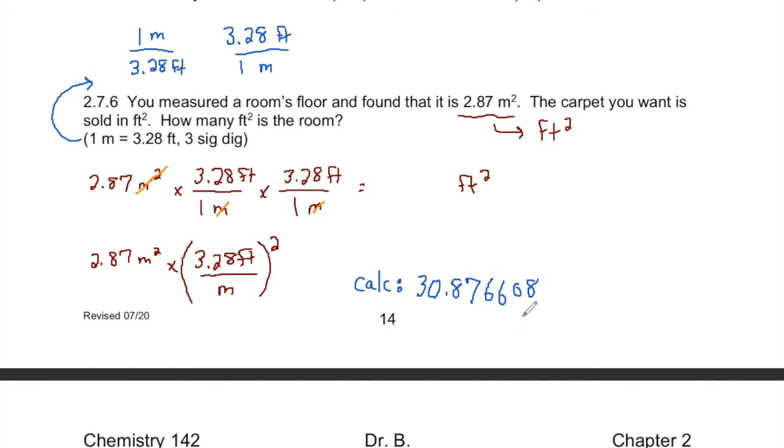My calculator gives me this result. I started with 3 significant digits in my measurement and used a relationship that was 3 significant digits. So we want to go to the third significant digit here. We'll report that as 30.9 square feet. There is another sheet posted on Canvas with another example of square units in it.